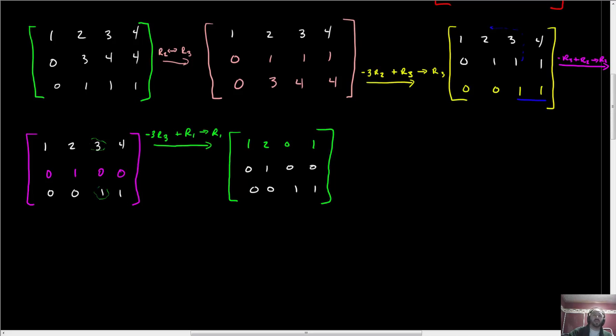Now I want to mess with that second column of row 1, but I don't want to do anything else. So I'm going to use my second row to mess with my first. I'm going to take negative 2 times row 2, add it to row 1, and put that answer into row 1.